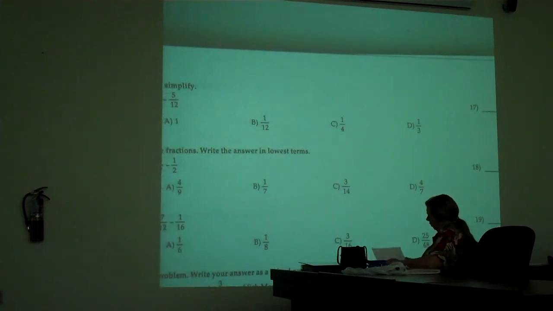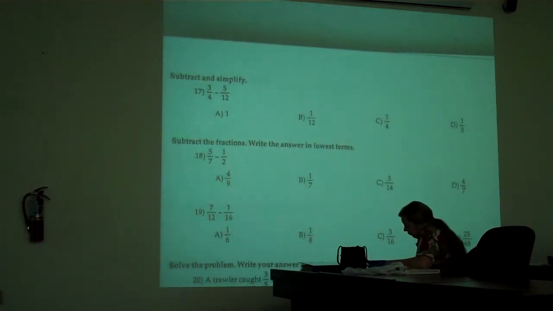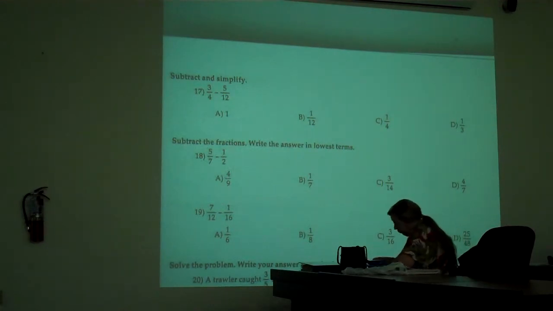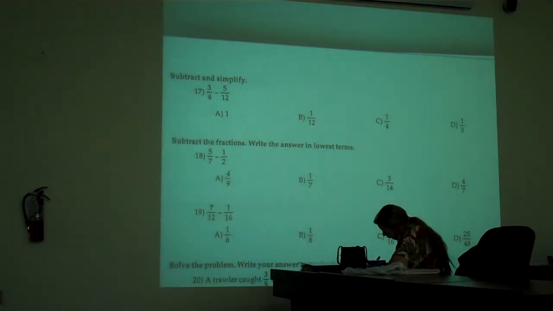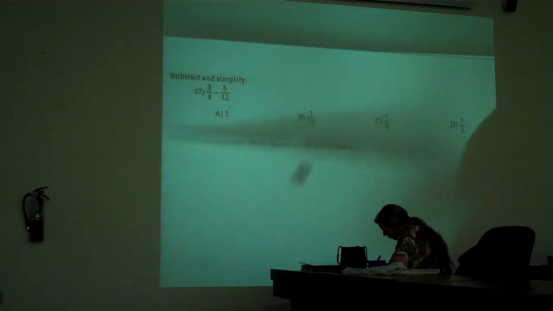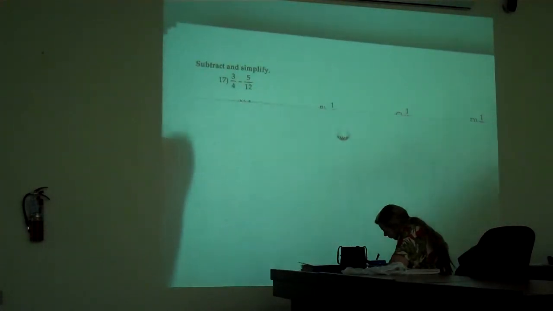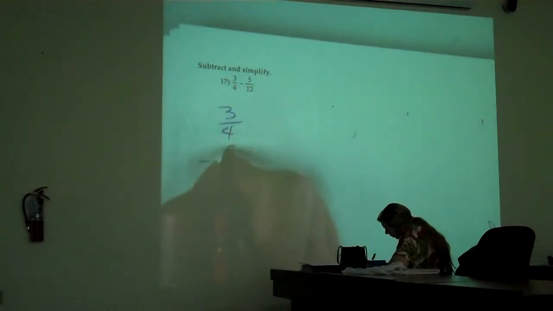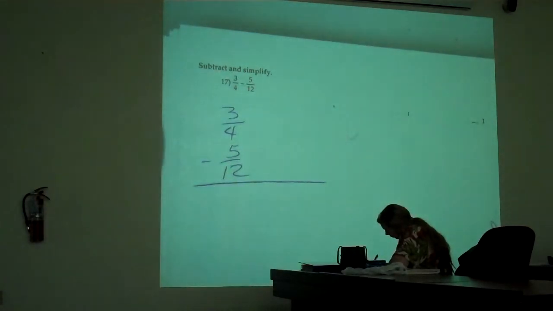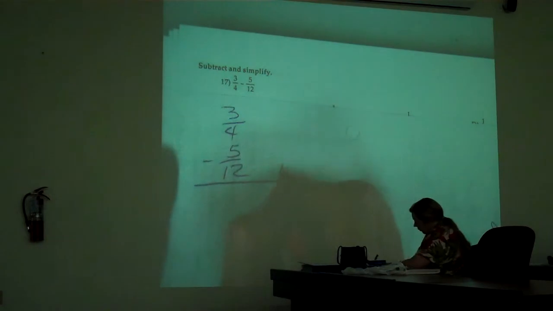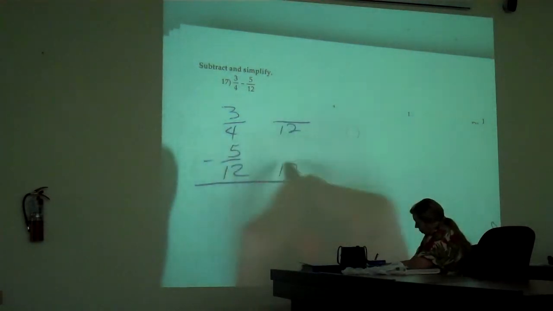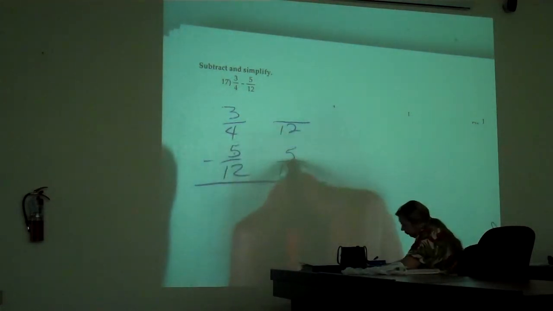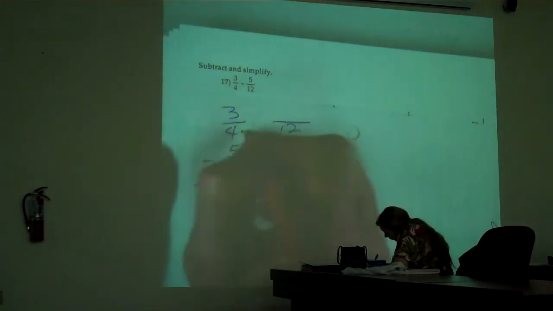And 3/4 minus 5/12. You knew that was going to happen sooner or later. Okay, 3/4 minus 5/12. Common denominator. What's our common denominator? 12. So stay the same, stays the same. 4 times 3, 3.